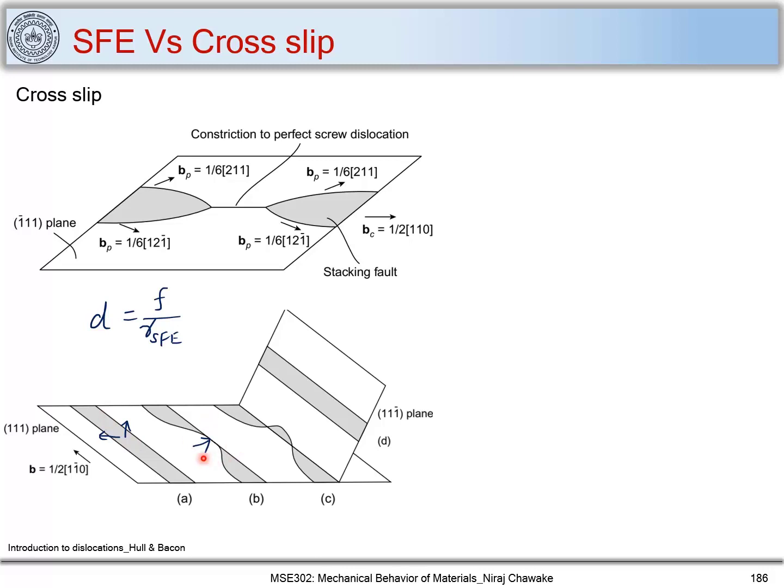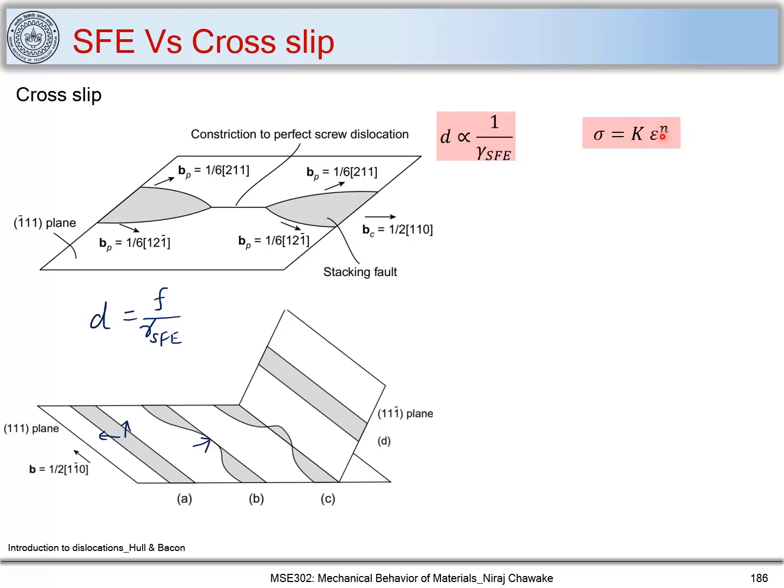There are important observations which can be made using two relations: d is inversely proportional to gamma SFE, and sigma, the stress in the plastic region, can be written as K epsilon to the power n, where n is the strain hardening exponent.